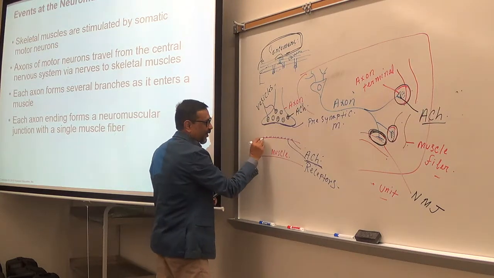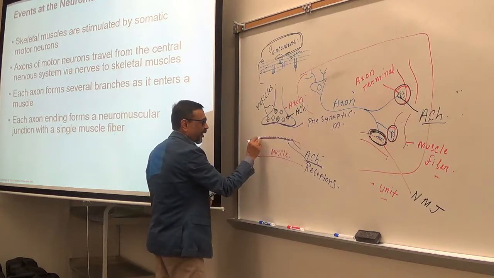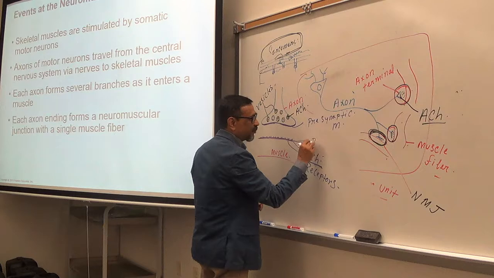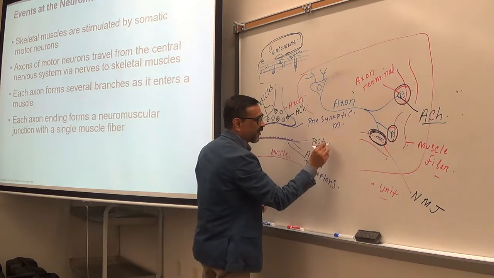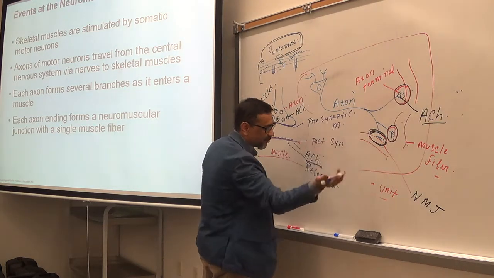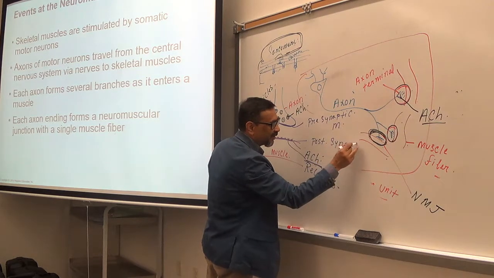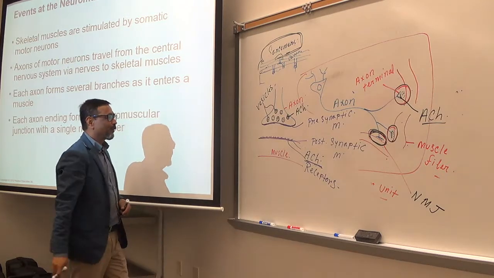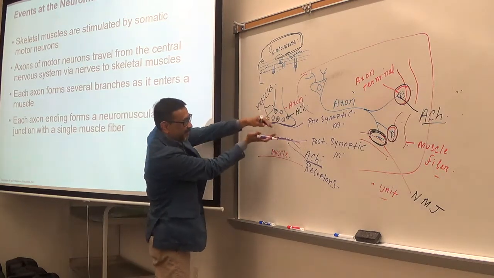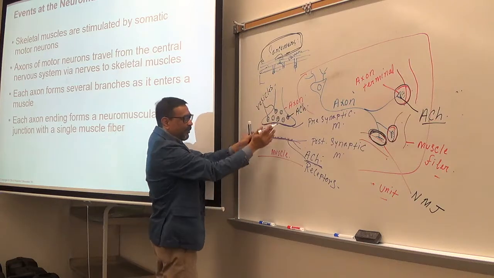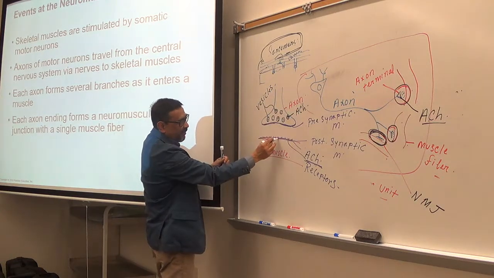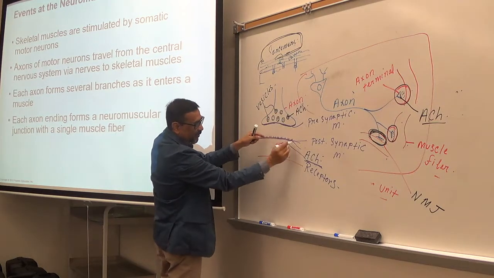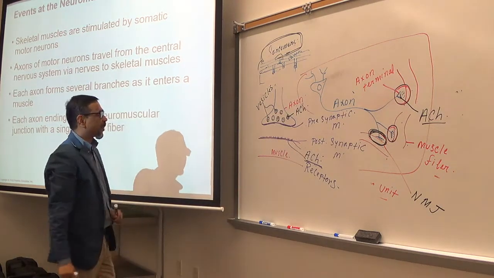And this part of the muscle fiber is called postsynaptic membrane. This also makes sense. Post means after. So you have two membranes, they are facing each other. Presynaptic is before, postsynaptic is after. Presynaptic is in the axon terminal, postsynaptic is on the muscle fiber.